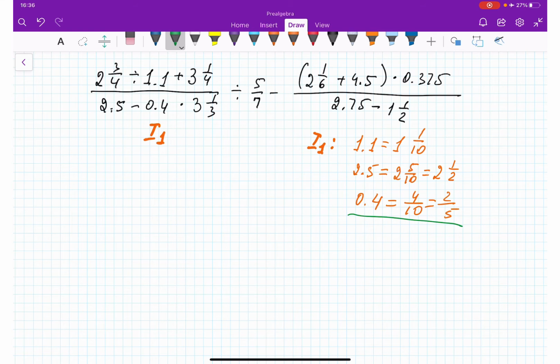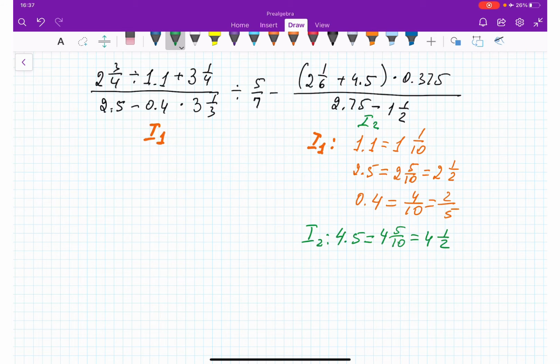Now I'm going to use I2, the second fraction. What do we have here in the second fraction? 4.5, which is going to be equal to 4 and 5/10, and which is 4 and 1/2.